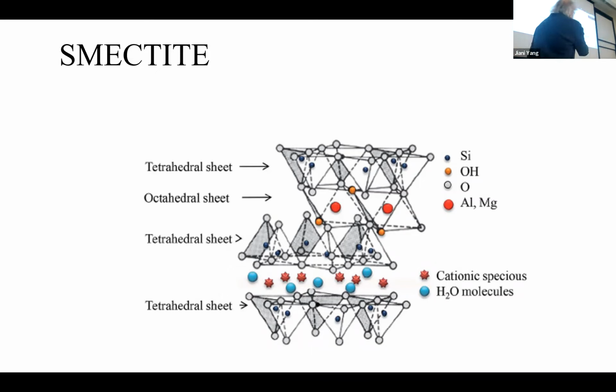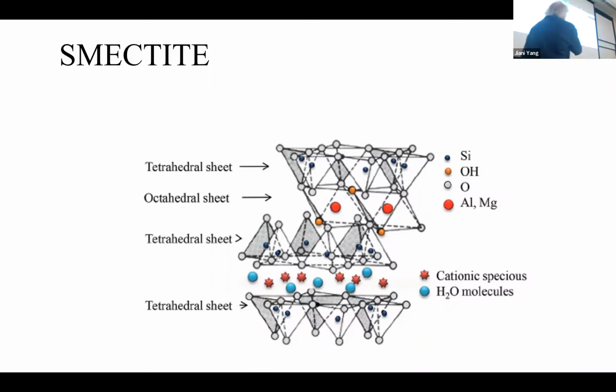In the octahedral layer, you can have aluminum, magnesium, iron, zinc, a whole variety of things, and that relates to the charge on the surface. If you have a silicon, it's neutral. If you have an aluminum in that layer, then it's a negative charge.